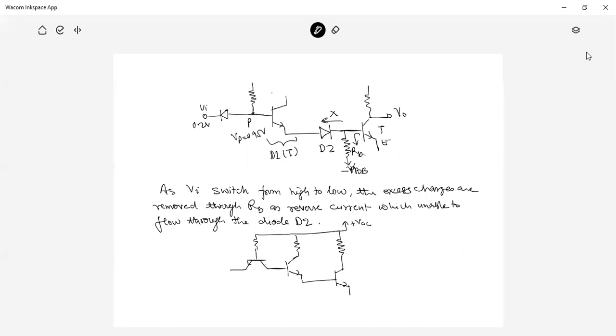This transistor is T1, this is T2, and this is T3, from where we take the output. This is the input.